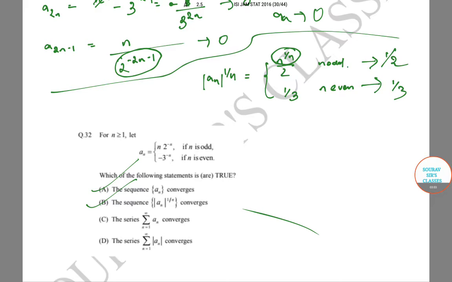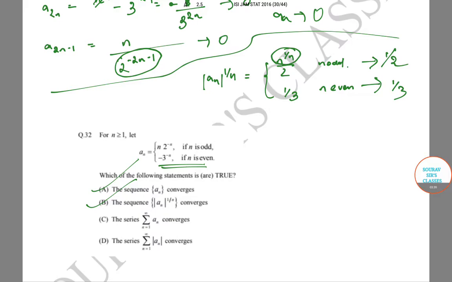Thirdly, we have the series, the sum over n equal to 1 to infinity of a_n. Now how do we solve this problem? A series converges if the sum of its even terms and the sum of its odd terms both converge.